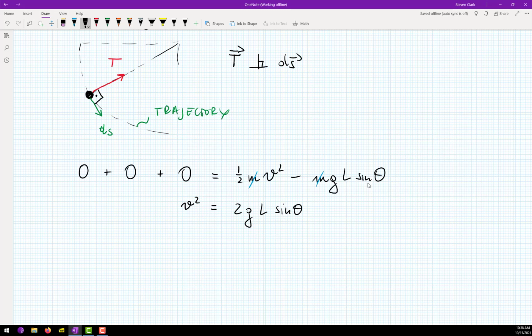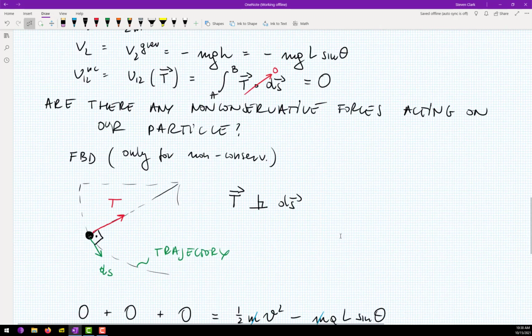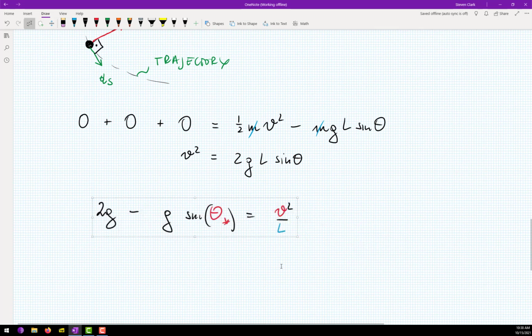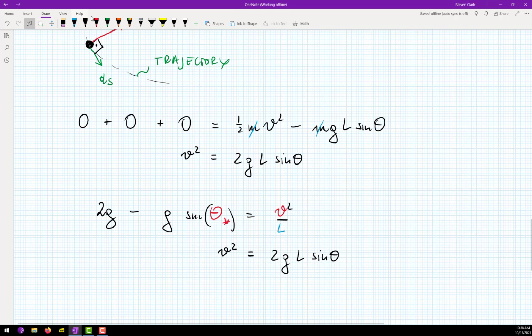Let's combine this equation with our previous equation. So we have these 2 expressions, and we must solve for theta star, so I'll put a star here as well.